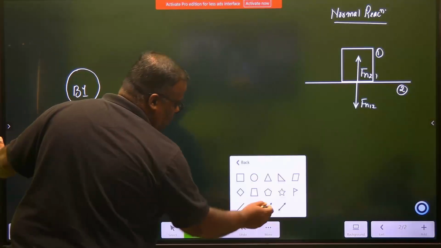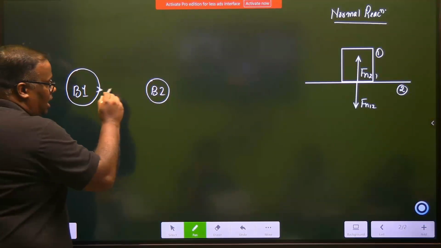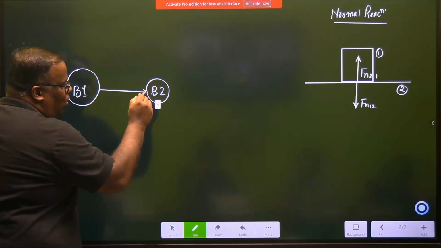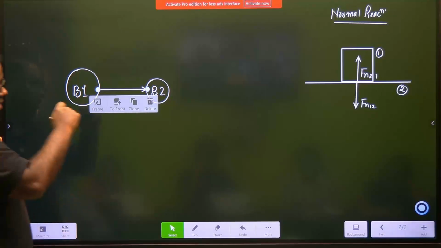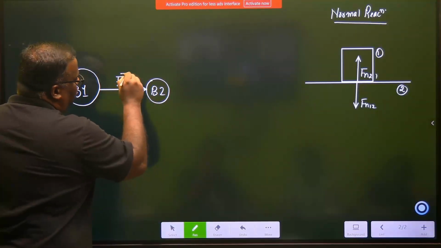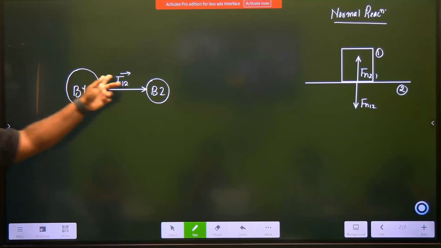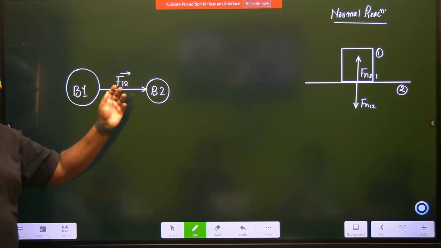So Newton's third law says, when a body exerts a force on another body, watch my wordings, okay? When a body exerts a force on another body, the force is a vector, so I'm putting a vector symbol. This does not show direction, this shows this is a vector. This force is going on which side?